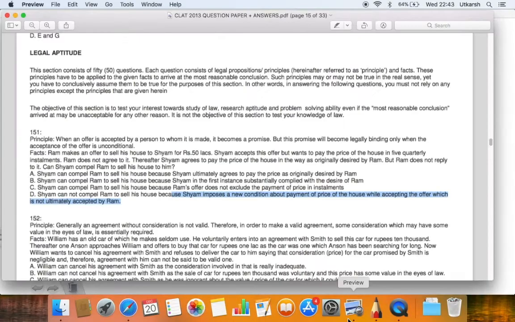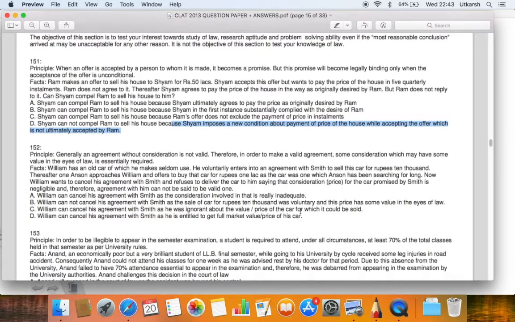So let us try applying this to a question from CLAT 2013. Let's solve question 151. The principle is: when an offer is accepted by a person to whom it is made, it becomes a promise.